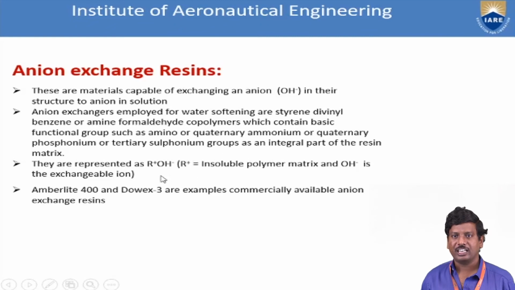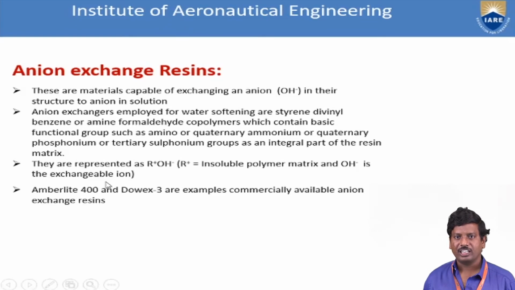They are represented as ROH. That means R is the insoluble polymer matrix and OH minus is the exchangeable ion. Amberlite 400 and Dowex 3 are examples of commercially available anion exchangers in the market.